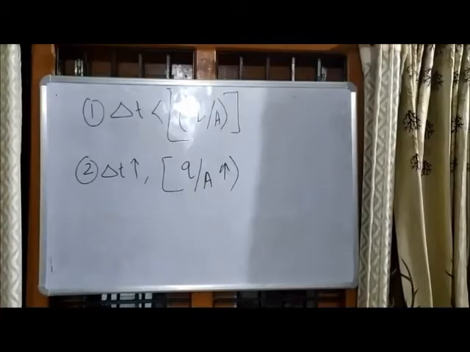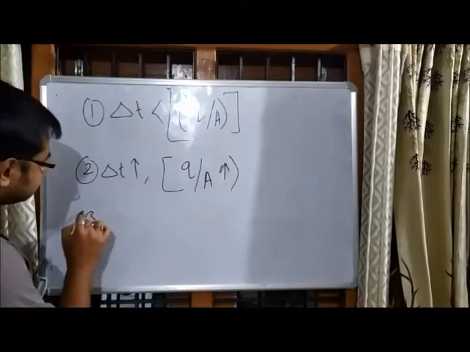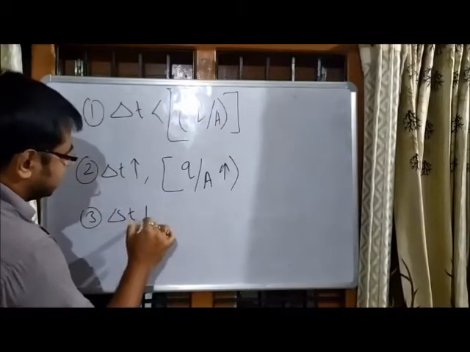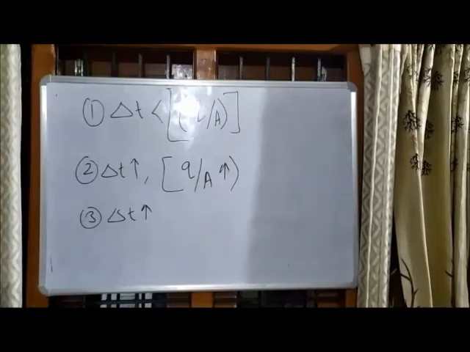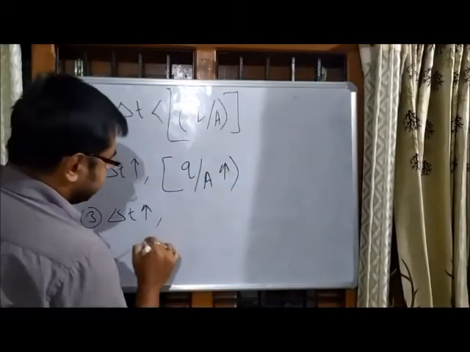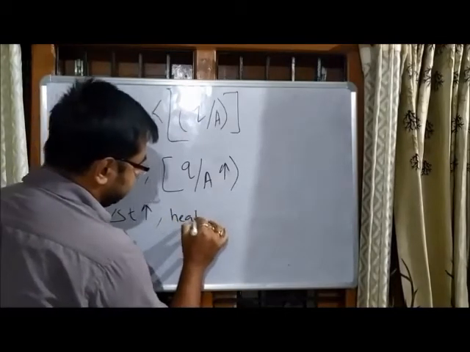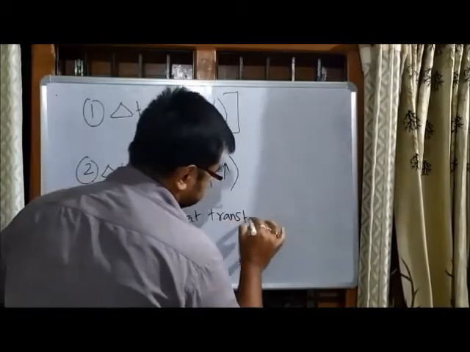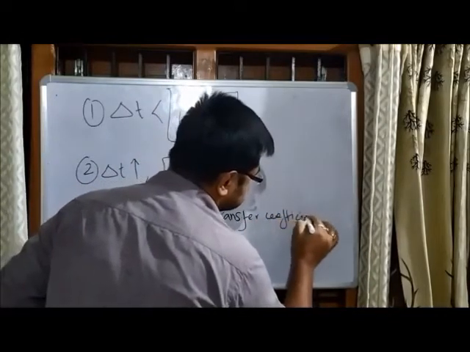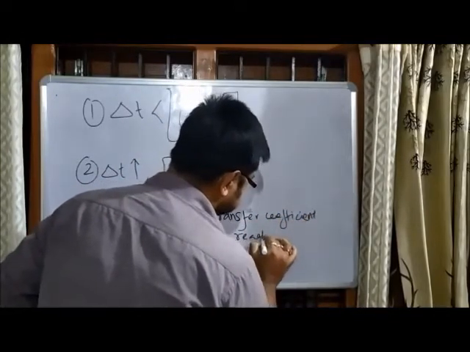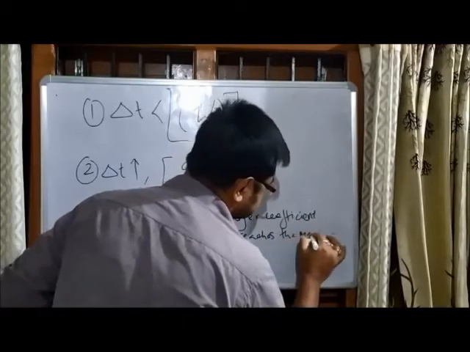The third condition is that if delta T is increased further, to a much higher temperature, then the surface temperature increases continuously to a point where the heat transfer coefficient reaches the maximum.